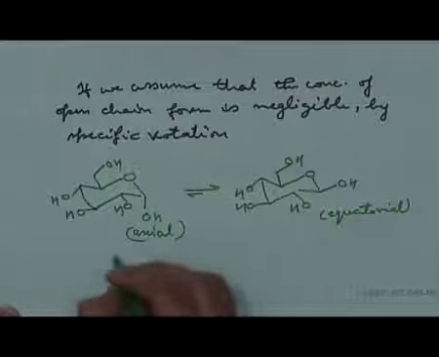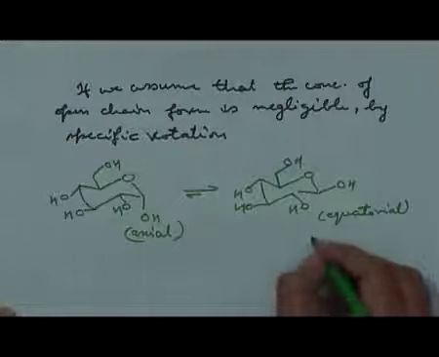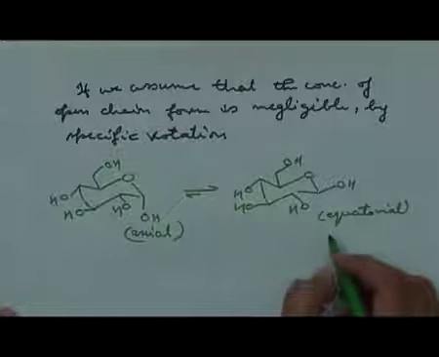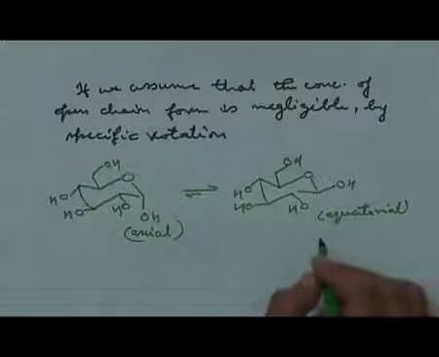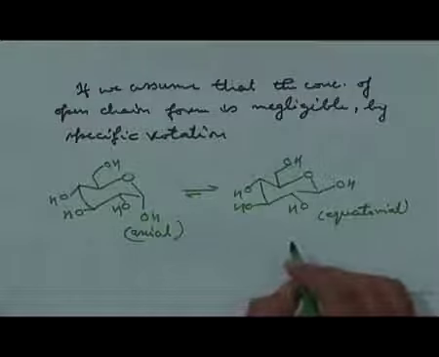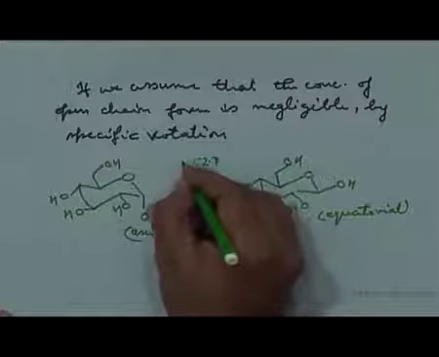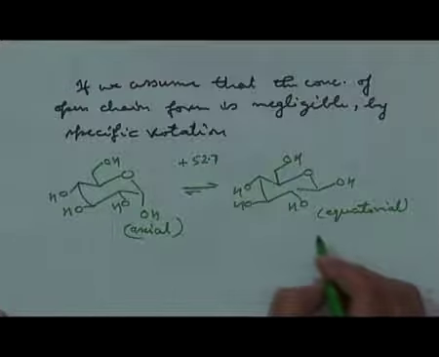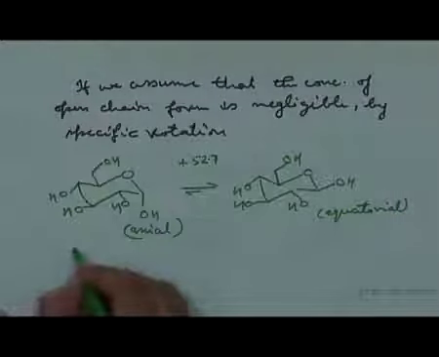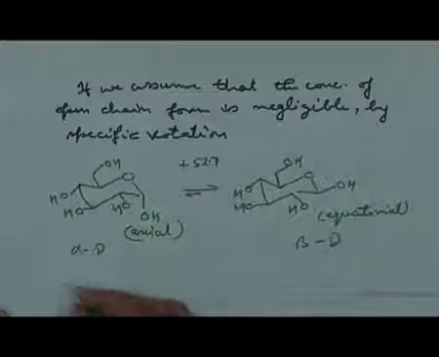Now, as we know that beta D-glucopyranose has specific rotation of plus 18.7 and the D-glucose mixture of both has 52.7. So, how much of the beta D-glucose is there and how much is the alpha D? Here we can easily calculate.